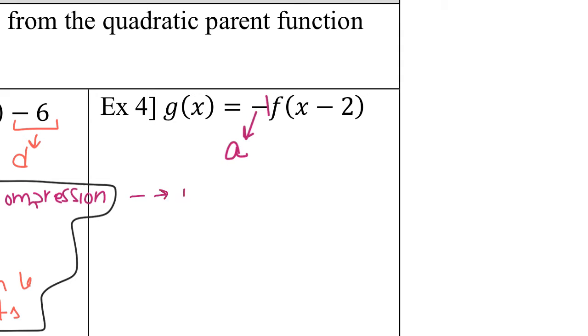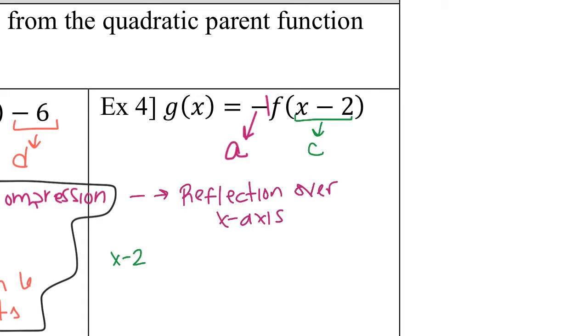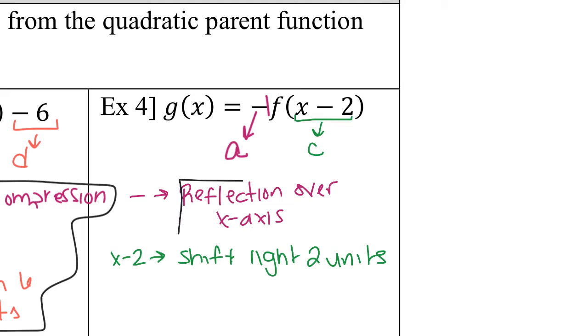So the negative in the front means it will reflect over the x-axis. And then we have x minus 2 on the inside. That's our c parameter. The x minus 2, this is the one that's backwards, will shift right 2 units. So 2 transformations here as well.